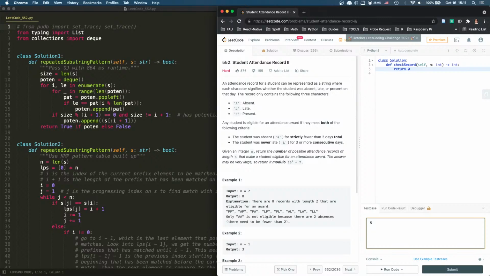So 3 to the 5th minus 5 choose 2 times 8 plus 5 choose 3 times 4 plus 5 choose 4 times 2 plus 5 choose 1. 5 is 1. Then minus, 5 minus 1 is 4, 5 minus 2 is 3, 3 times 4 is 12, that's 6.